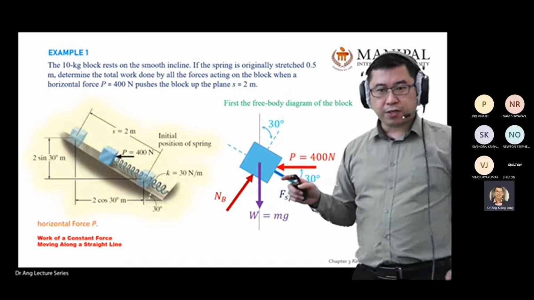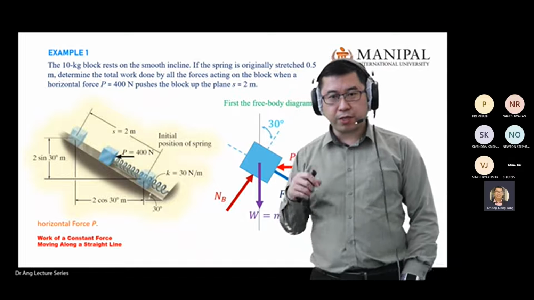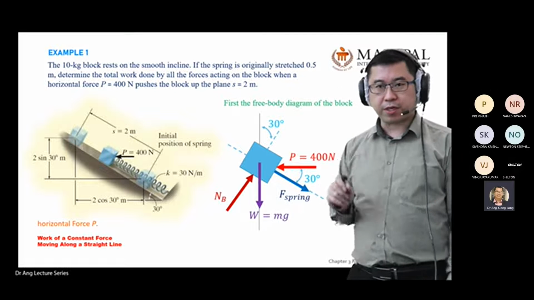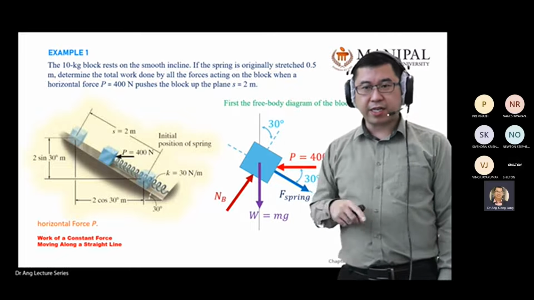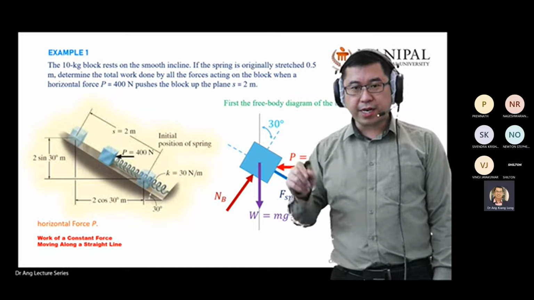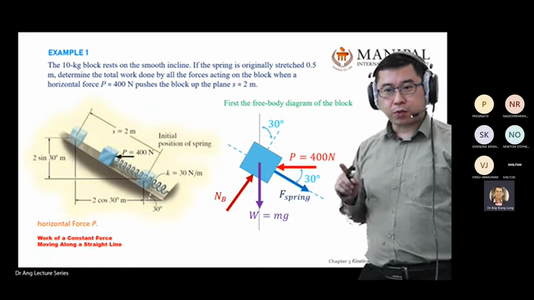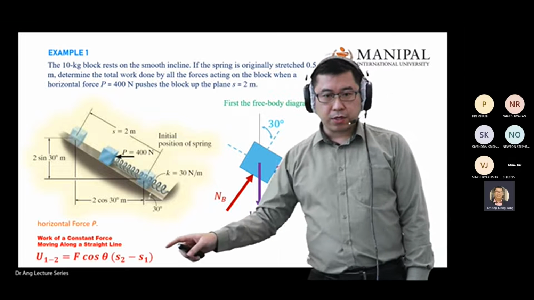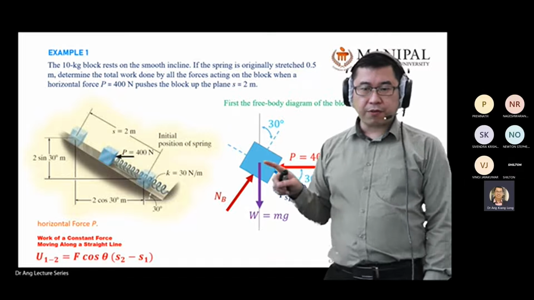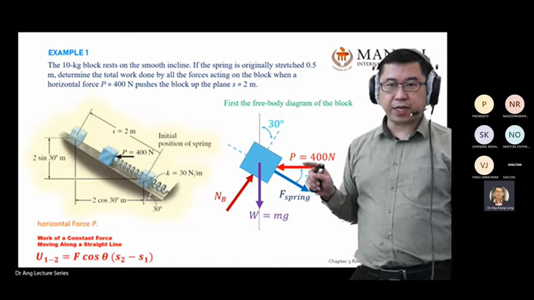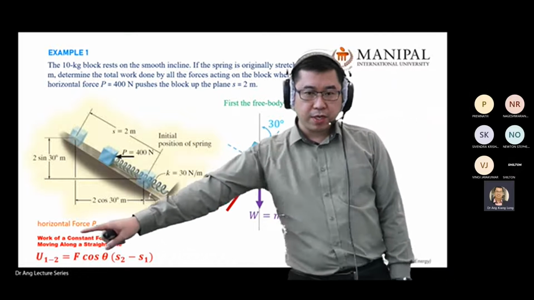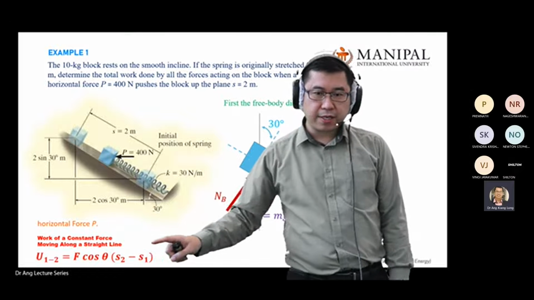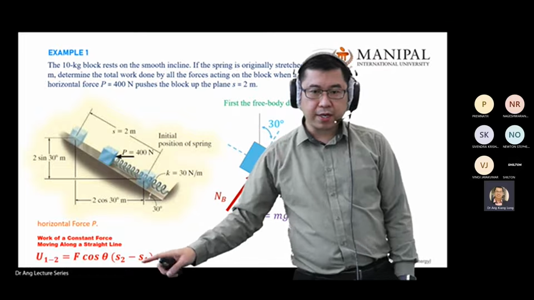Previously, when we introduced this chapter, force has two motions: one is curvilinear, one is in a straight line. So we will use the work done by the straight line equation. If your force P is moving in a straight line, we will use U equal to force cos theta times s2 minus s1.